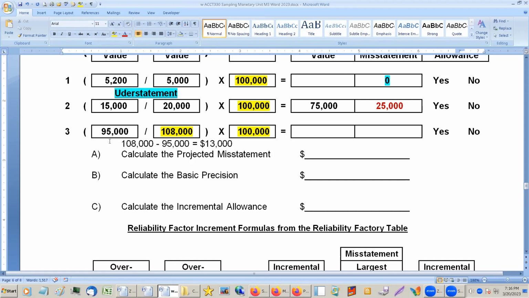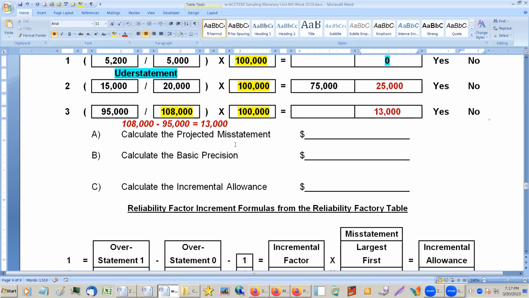Okay, so when it is more than the interval, at that point we stop, and we say, okay, we're going to take the actual amount that it is.